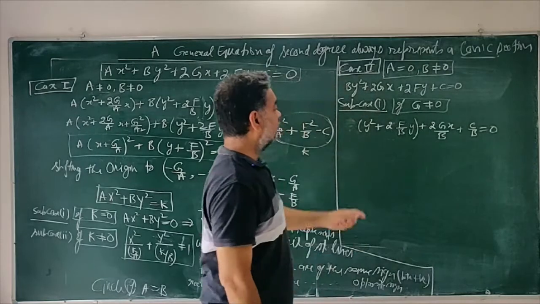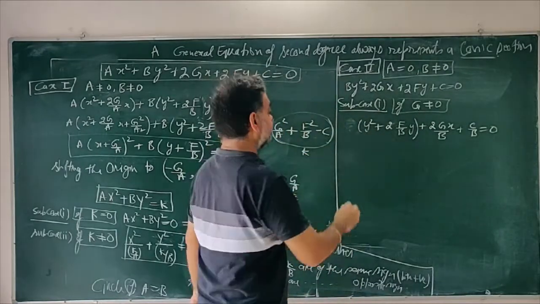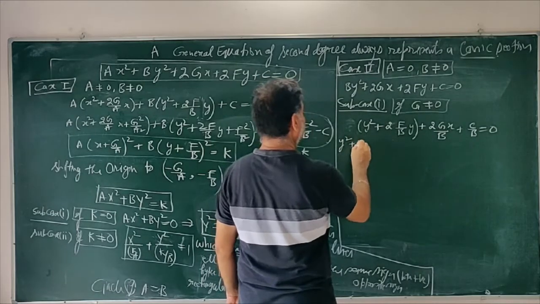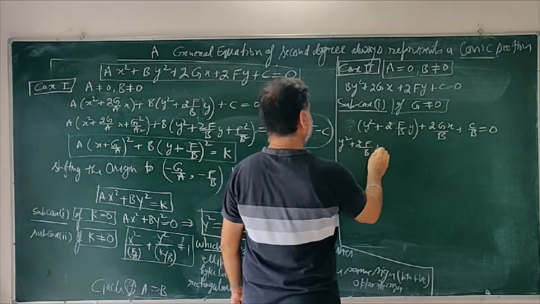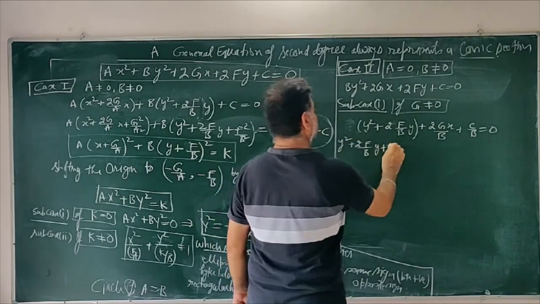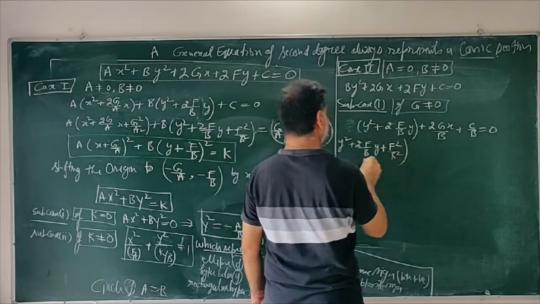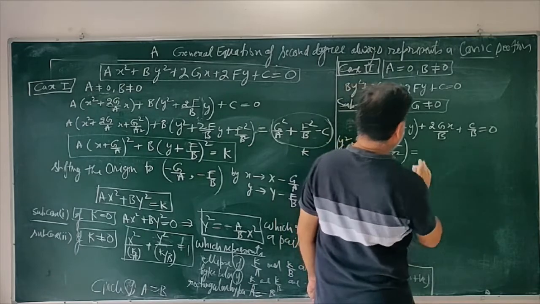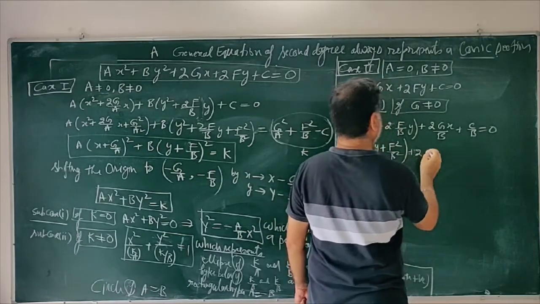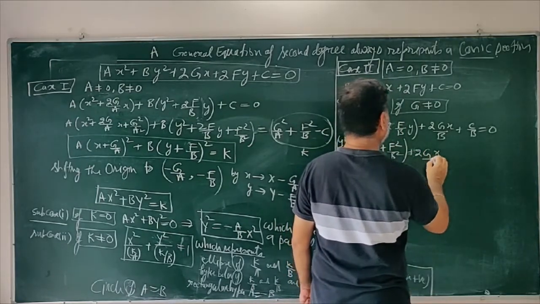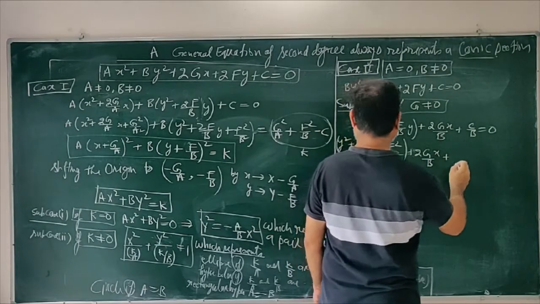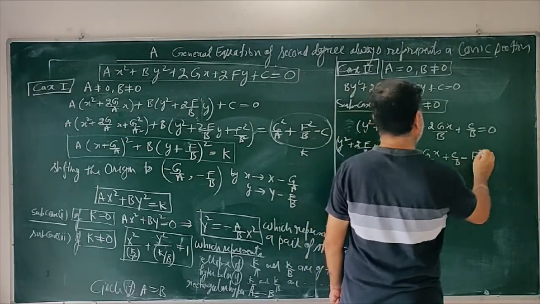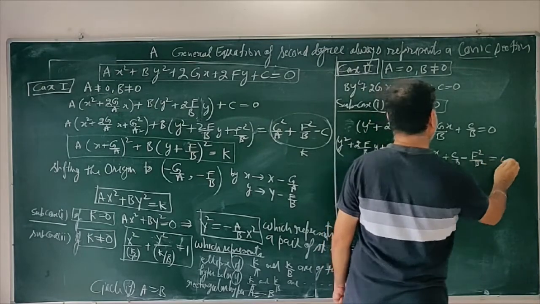And if you complete the square, then this equation becomes y square plus 2f over b y plus f square over b square is equal to minus 2g over b x minus c over b plus f square over b square.